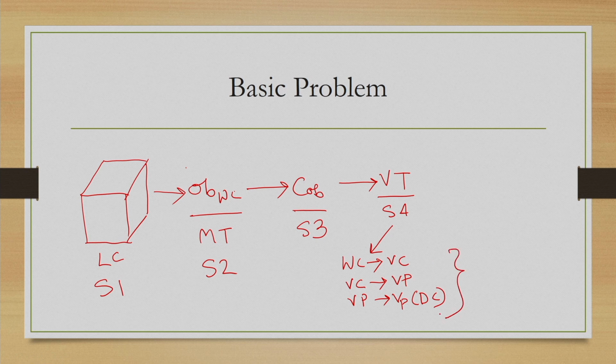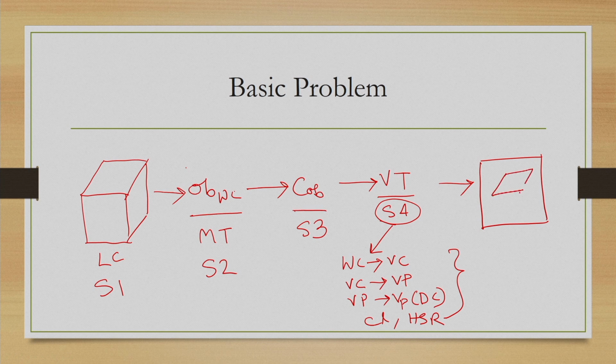So, these 3 transformations take place in stage 4, along with of course clipping and hidden surface removal, and after that what we get is a 2D representation of the object or scene on a viewport, which is in the device coordinate system.